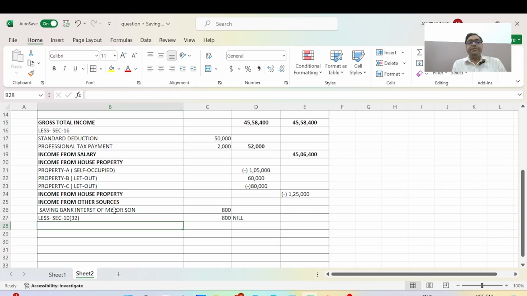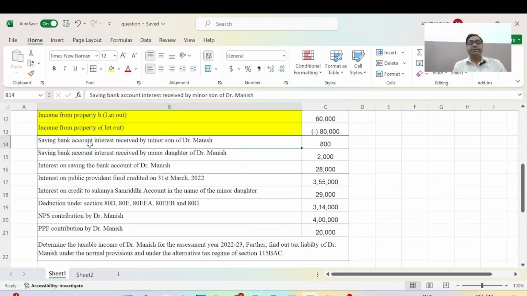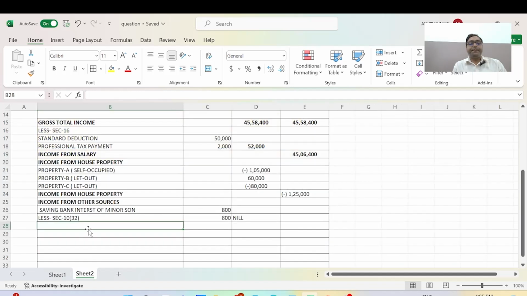Next is the savings bank interest of the minor daughter, which is 2,000 rupees.